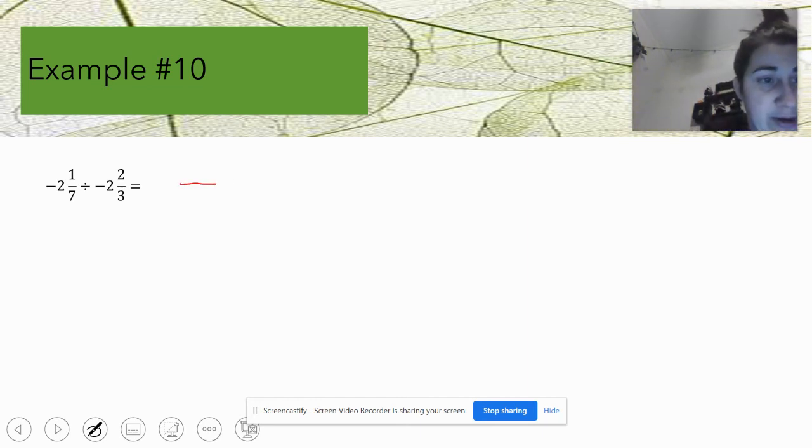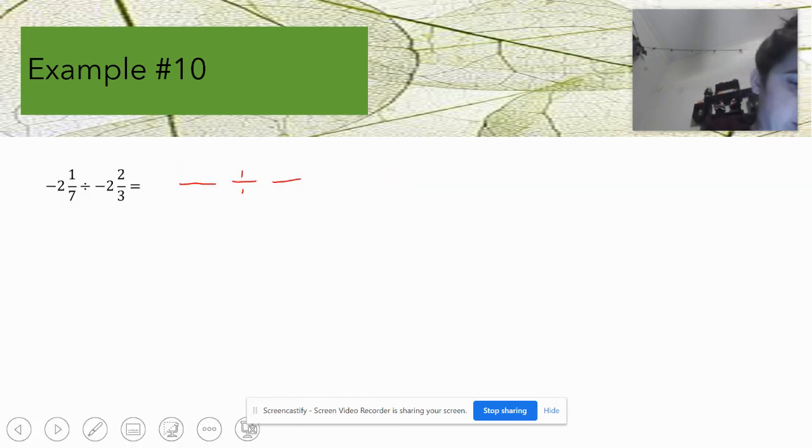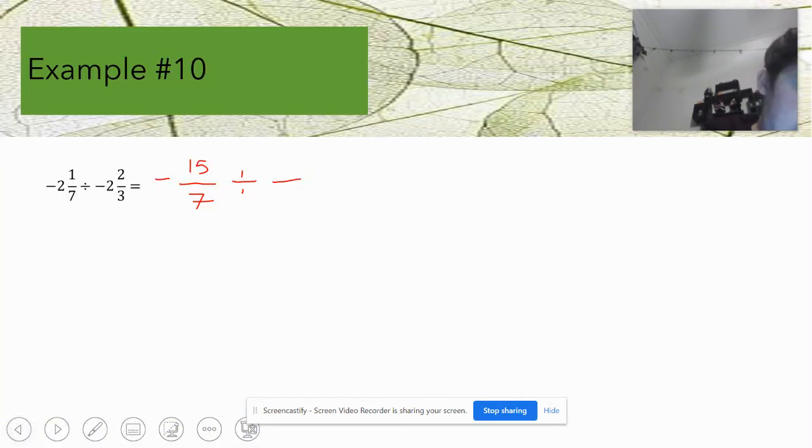So our improper numbers should be negative 15 over 7 divided by, this improper number should have been 8 over 3, which is also negative.